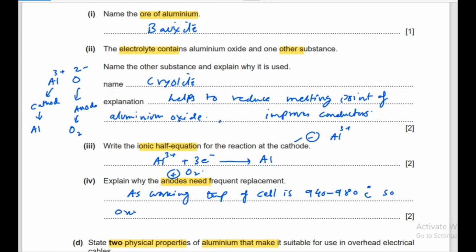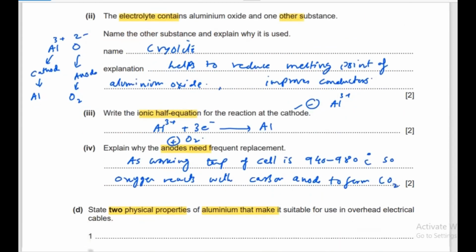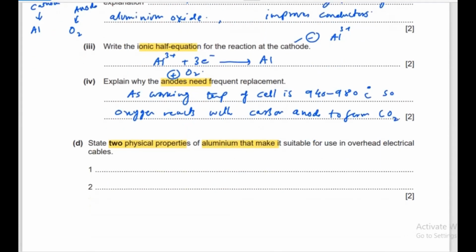So oxygen reacts with the carbon anode to form carbon dioxide, and the carbon anode evaporates in the form of carbon dioxide. So that's why the anodes need frequent replacement.